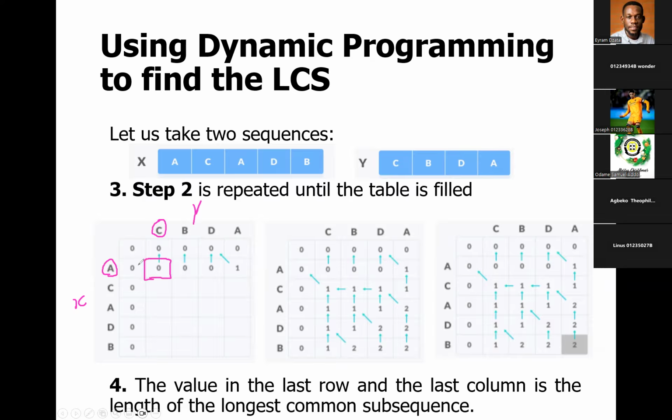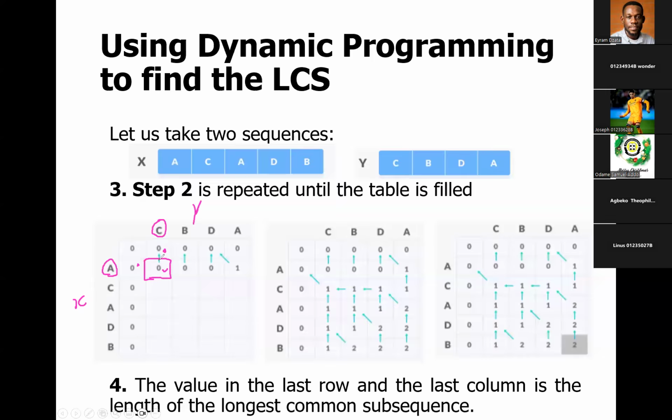So we'll look at the adjacent, the previous cell for A, and then that of C, and compare this 0 here to the 0 here, and then find the largest of the two values. So if we take this and this, what's the largest? The largest is still 0, right? Yes, sir. So we have 0.